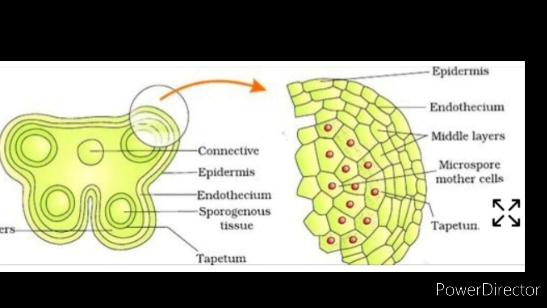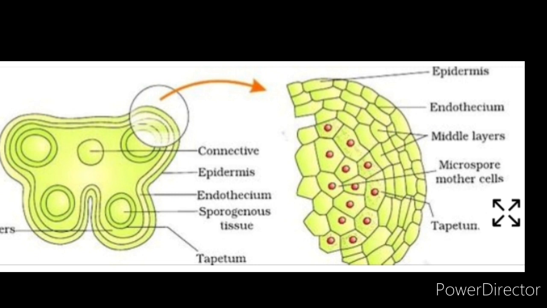These wall layers are produced from a primary cell derived from the mother cell. We should discuss what the 4 layers are.